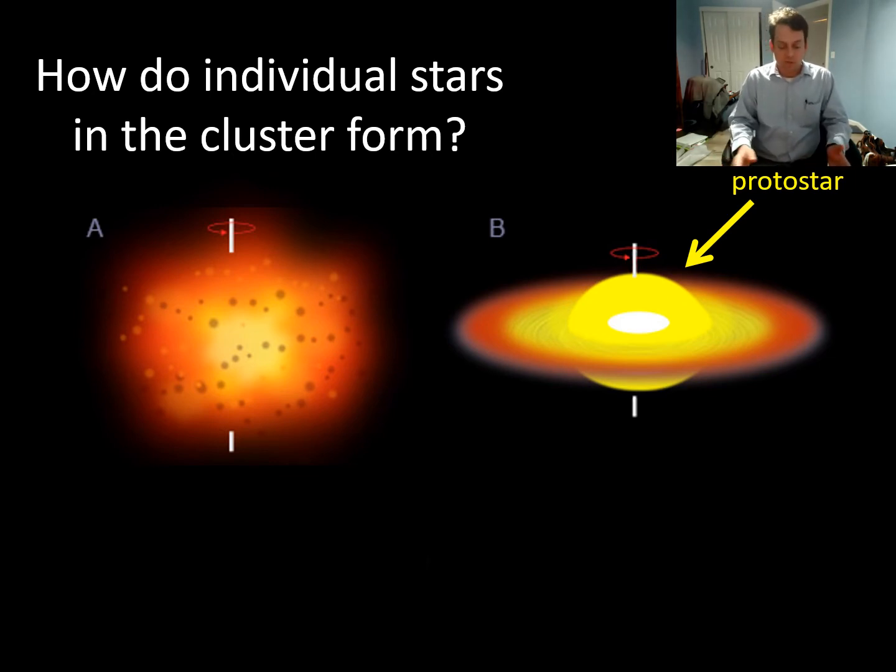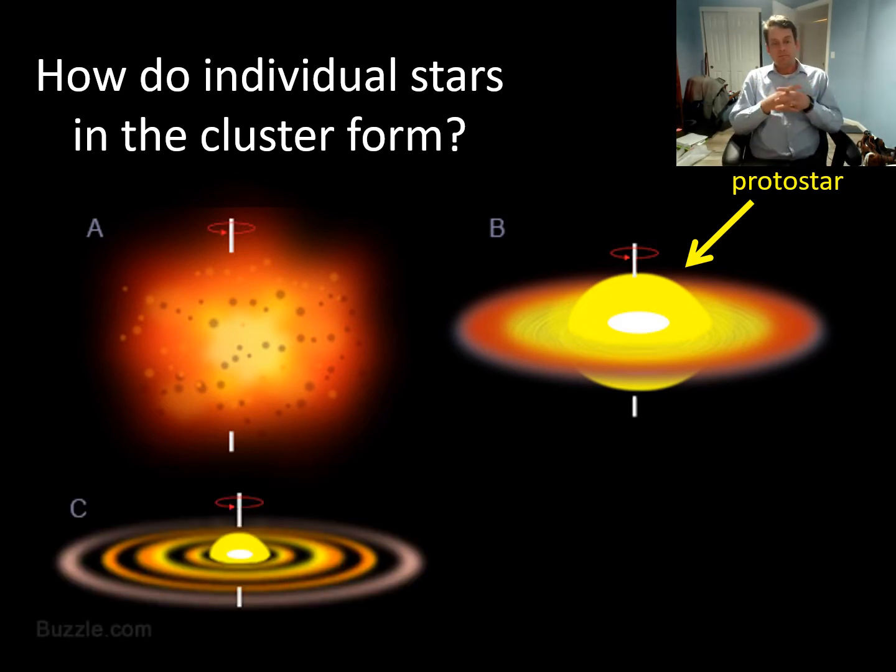So it's not yet a star. Remember, what defines a star is nuclear fusion in the core, and it hasn't gotten hot enough and dense enough for nuclear fusion to occur yet. But it is heating up because you're converting that gravitational potential energy into heat. So it is heating up, it's increasing its rotation rate, and you have this disk of gas that surrounds it.